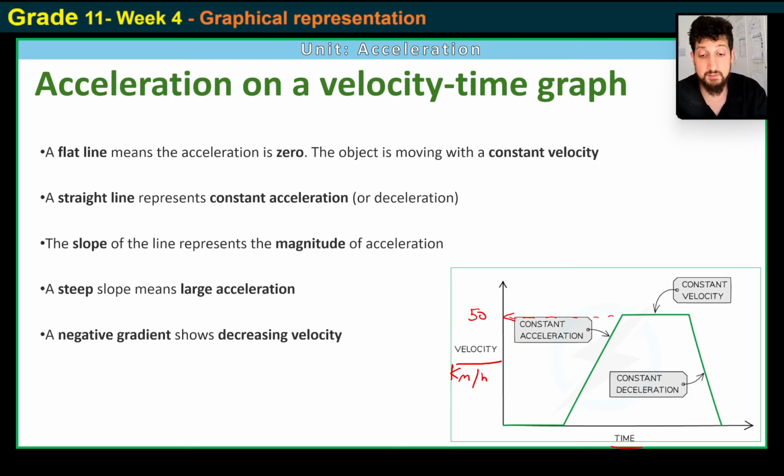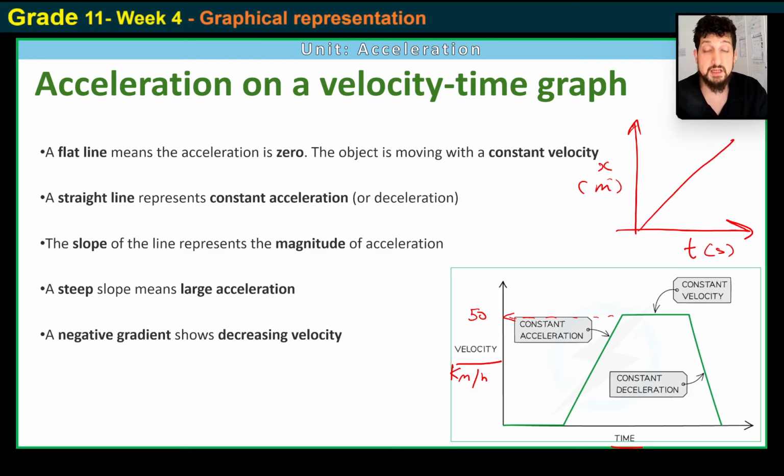Now we all know in a position time graph, I'm going to just draw X for position, and time, which is in seconds. In a position time graph, or distance time, same, the gradient represents speed, okay?